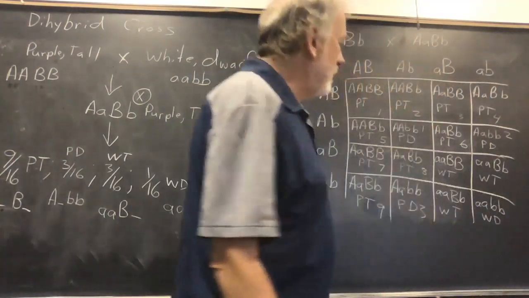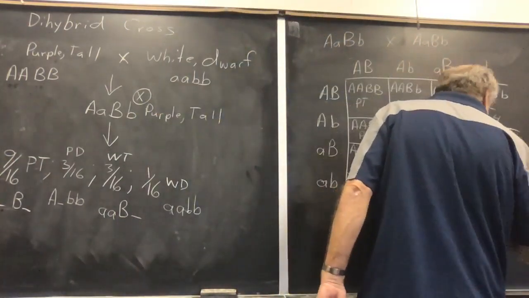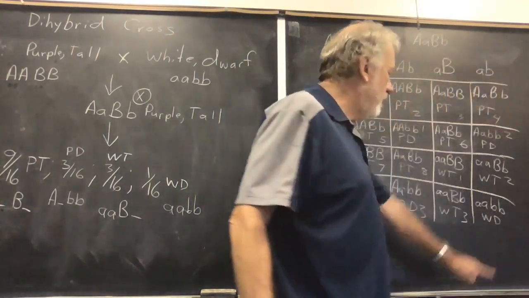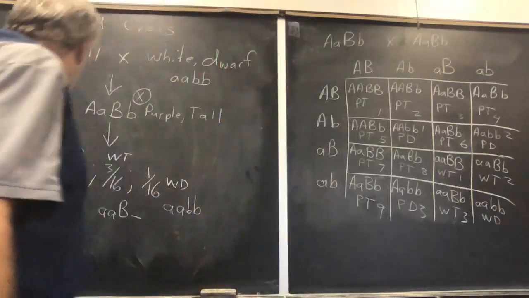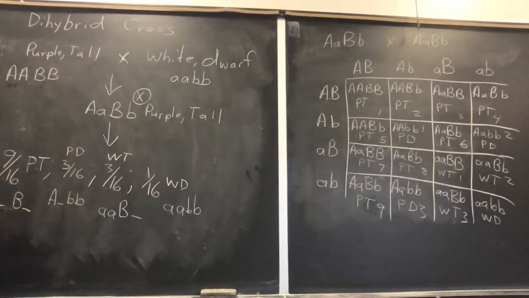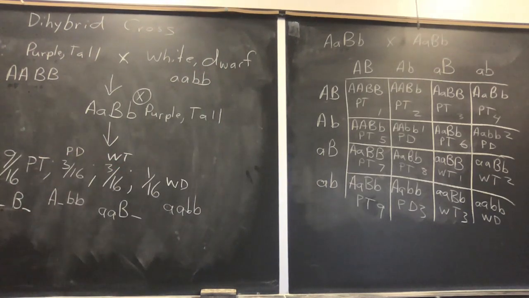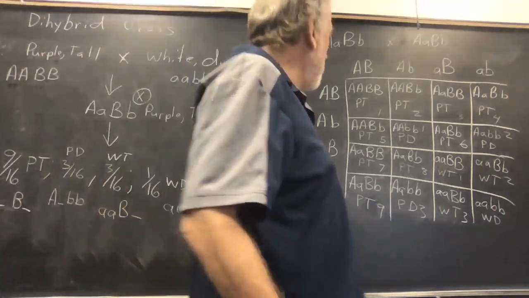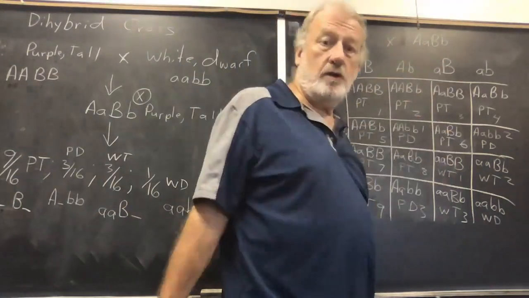There should be 3 white talls. 1, 2, 3. And then our single white dwarf. So that's where this 9-3-3-1 ratio comes from. The numerators of these fractions are in 16ths because in a dihybrid cross, of course, you end up with 4 on a side, and 4 times 4 is 16.